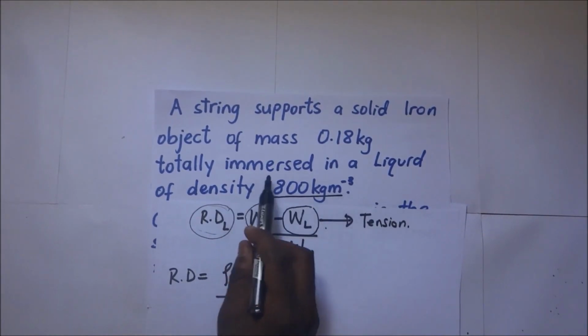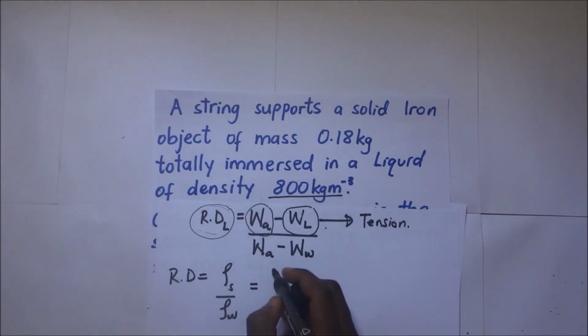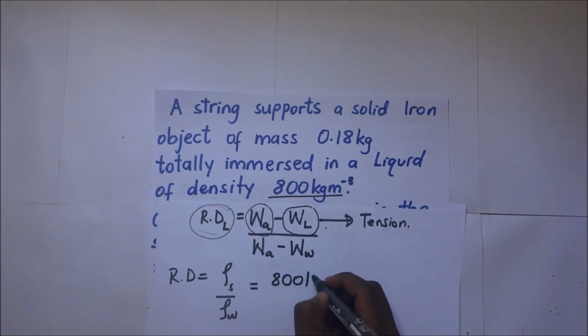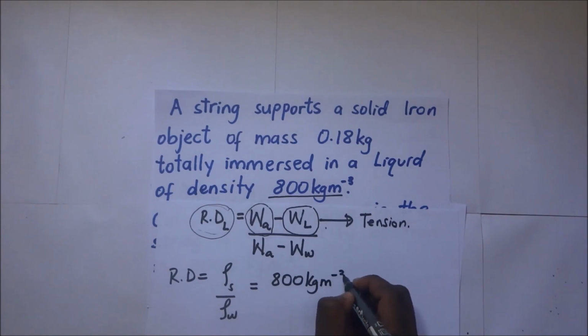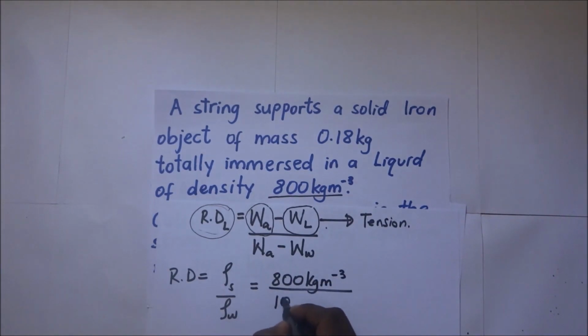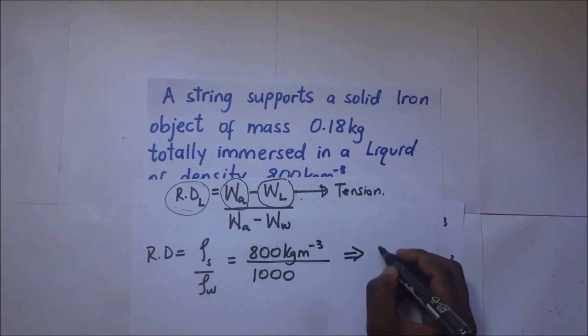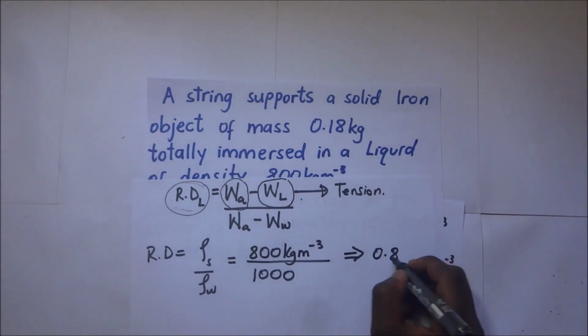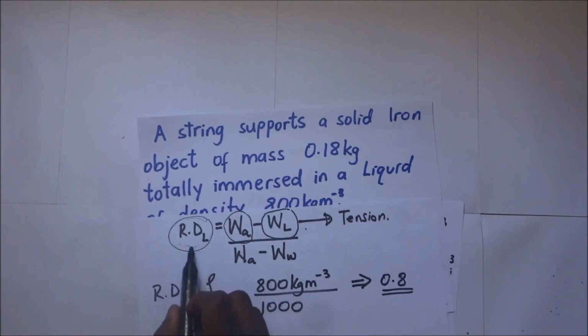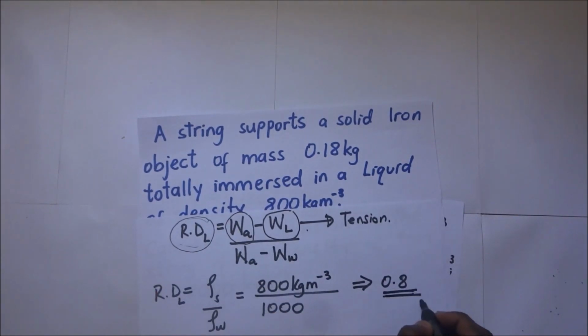The density of the liquid is 800 kilograms per meter cubed, divided by the density of water, which is 1,000. This is going to give us 0.8. That is the relative density. So we found the relative density of the liquid: it is 0.8.